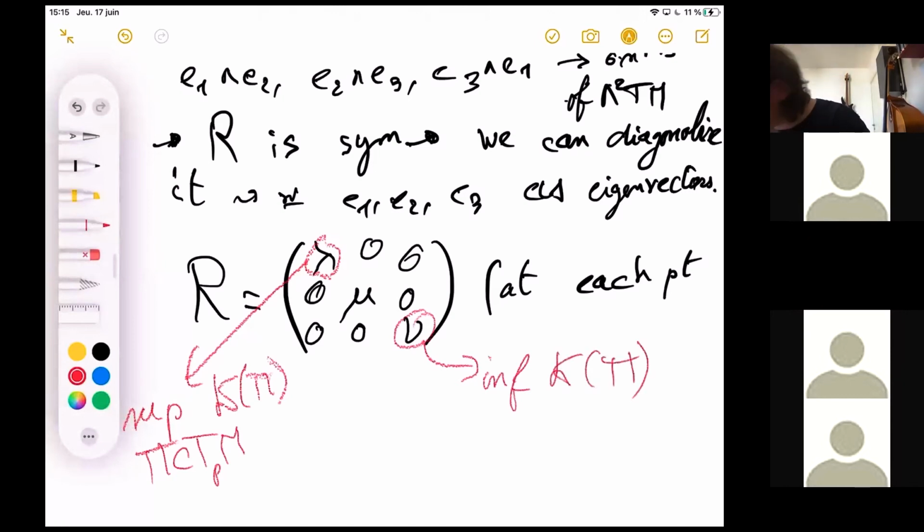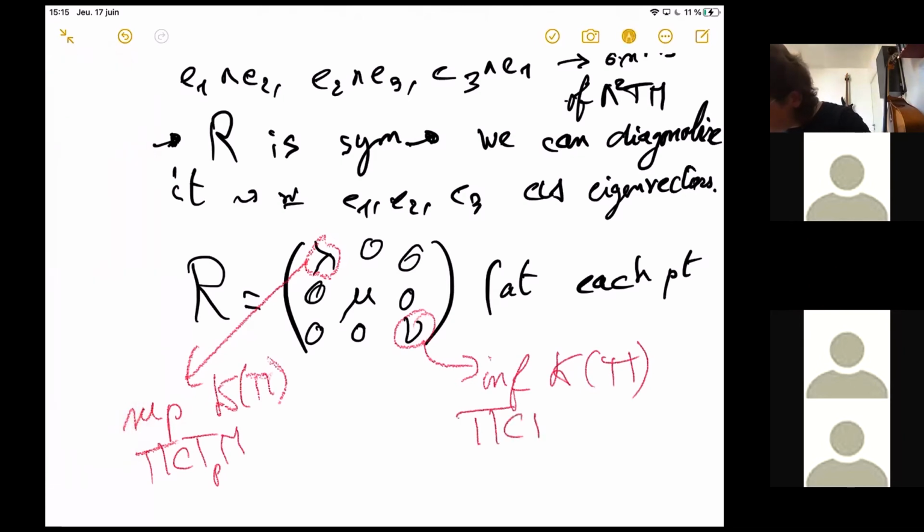The Grassmannian is compact, so you can take a minimum of that over the planes. So this curvature operator, if you choose a good basis, can be seen as a diagonal matrix where the diagonal entries are sectional curvatures of some preferred planes.